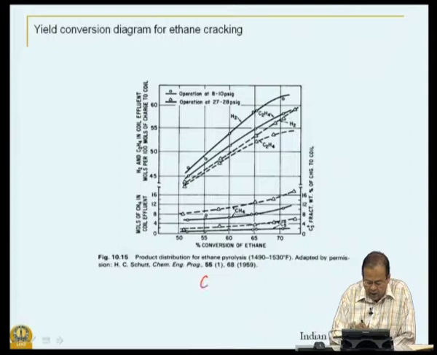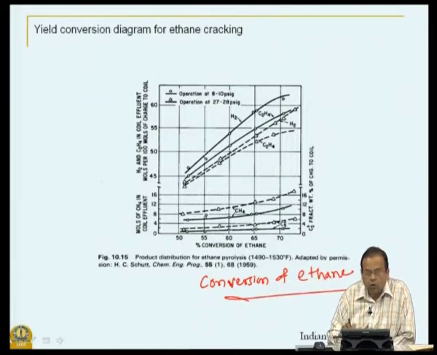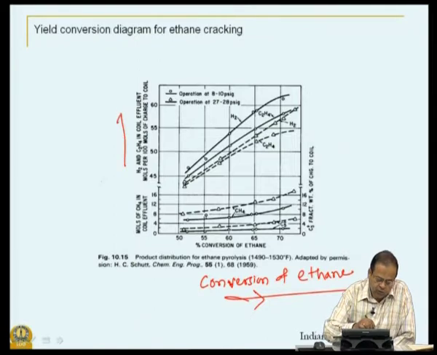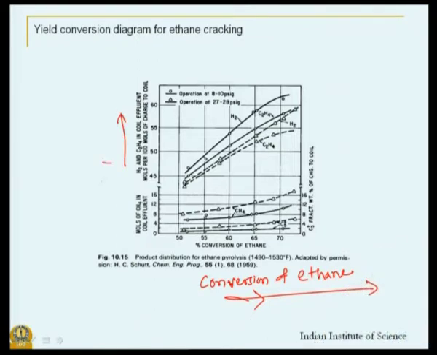What we have here, on the x axis, is the conversion of ethane, and on the y axis we have H2 and ethylene, moles per 100 moles of ethane.